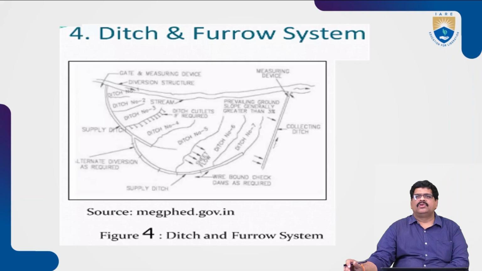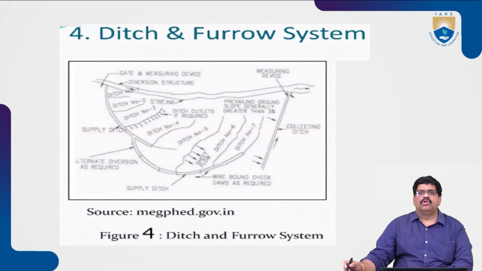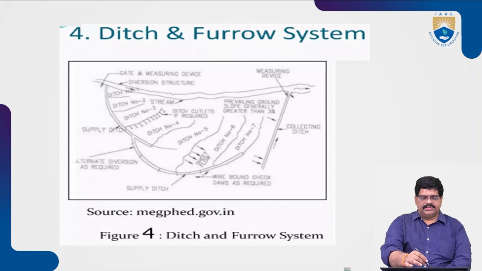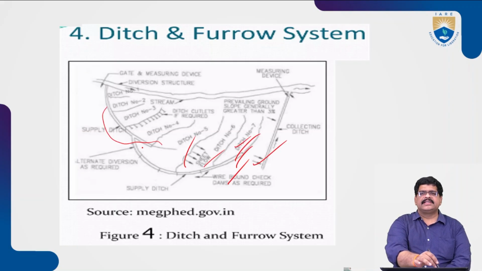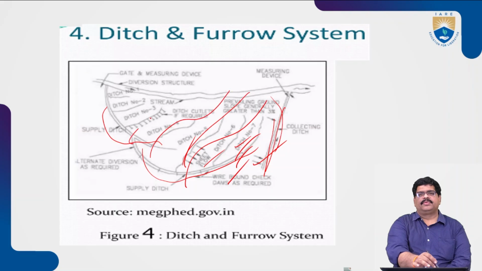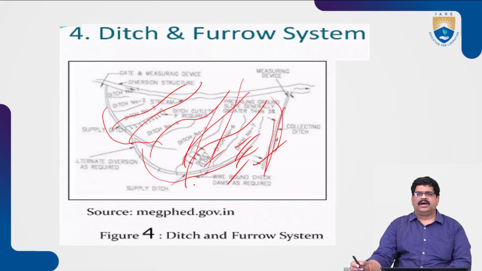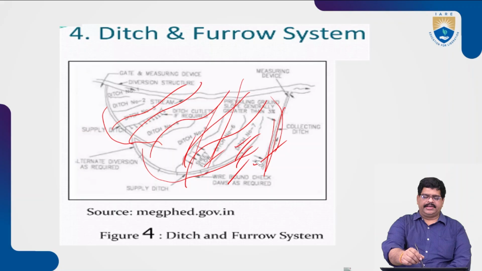Next, ditches and furrows, as the diagram shows. The streams and the sides of the canals are here, and water flows from these areas, spreads, and the infiltrated water is automatically recharged. This is the ditch and furrow technique.